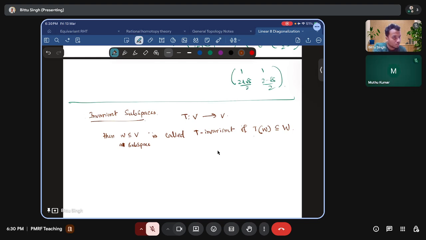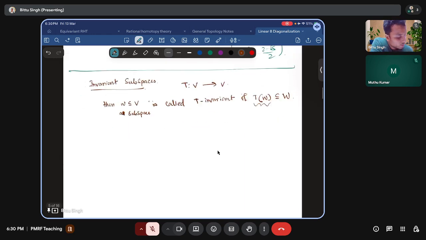So the range of T with domain W should be contained in W. So can you give me some T invariant subspaces? Examples of T invariant subspaces.